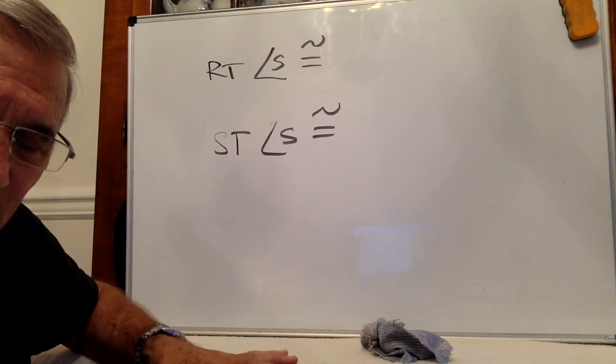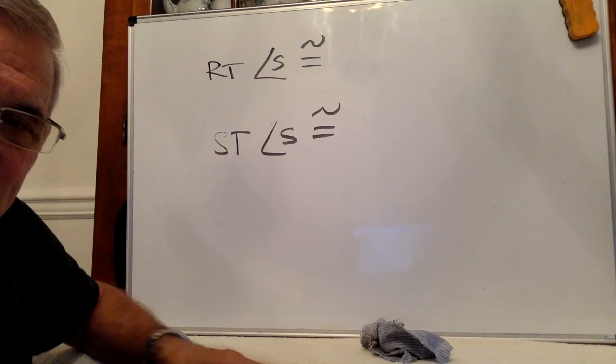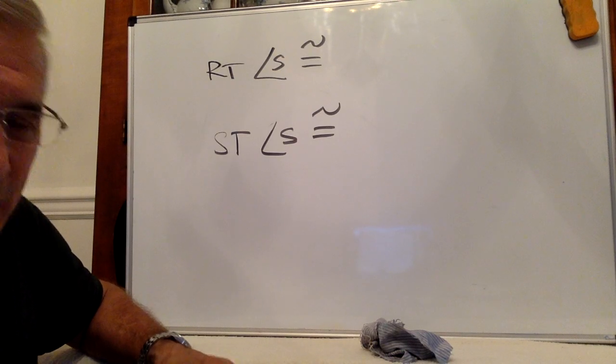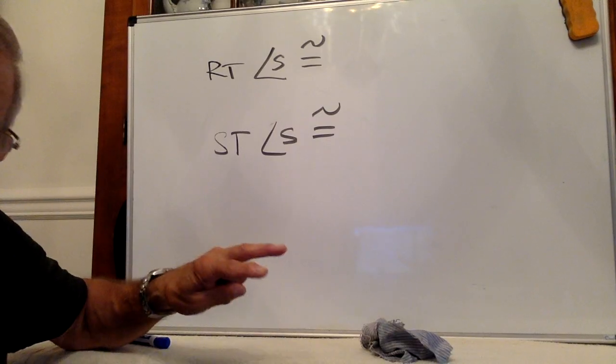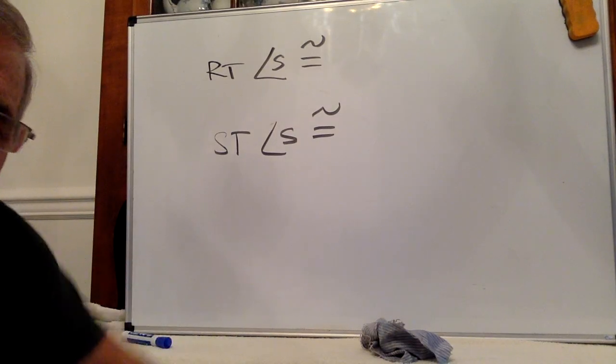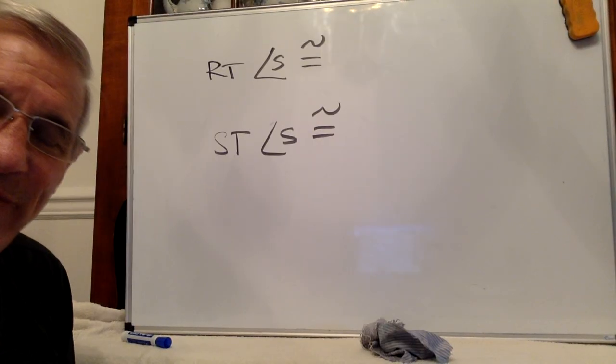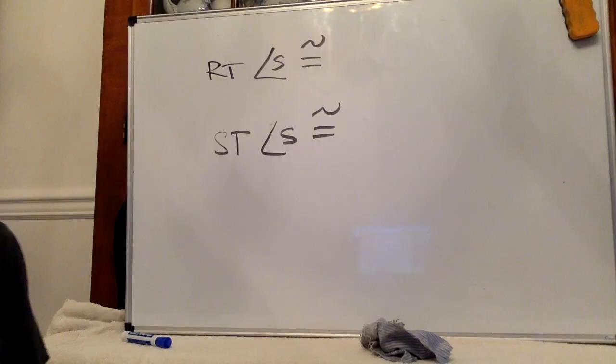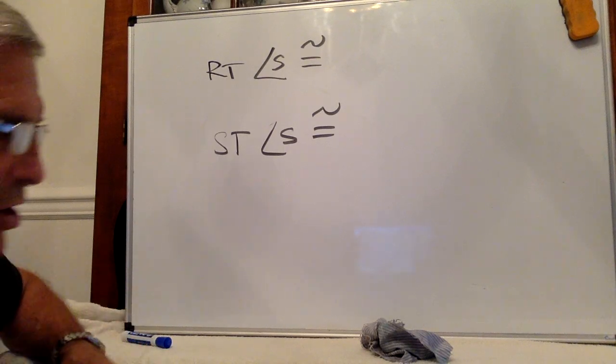That very simple proof we did for right angles, if you substitute the word straight for right and 180 for 90, it's the same exact proof. Any two straight angles equal 180. Therefore, since they have the same measure, by definition, they are congruent. So right angles are congruent. Straight angles are always congruent.